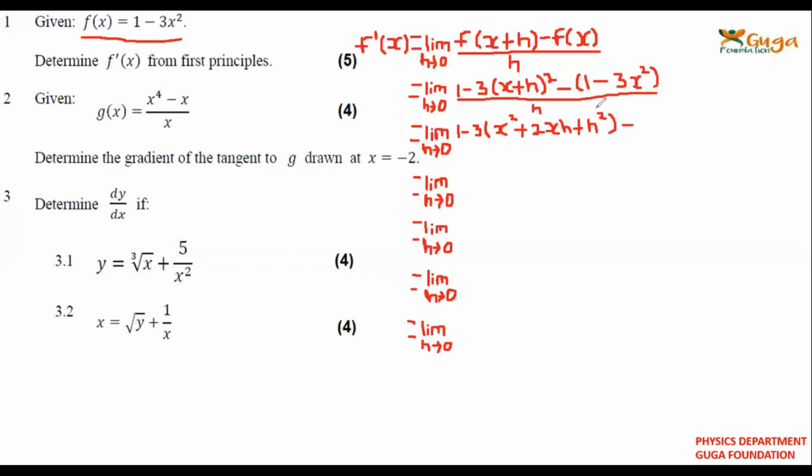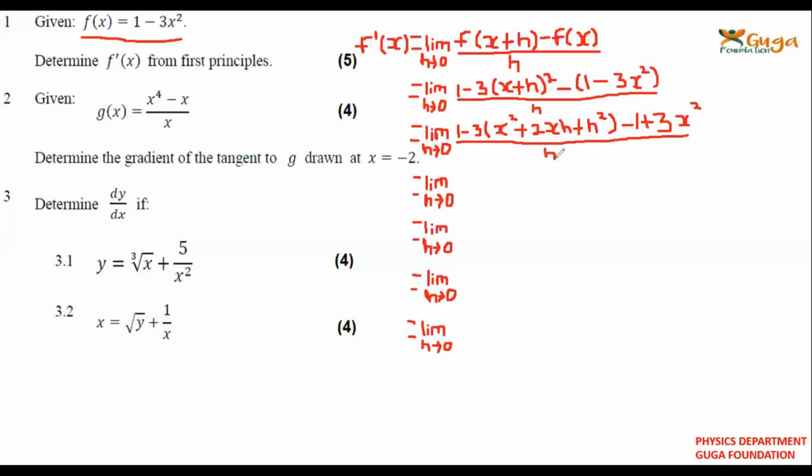Here we can remove the bracket, so it will be negative 1 and negative here, it will be positive, plus 3x squared, all over h.